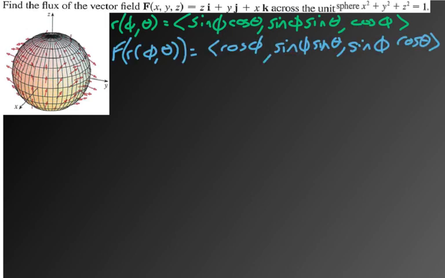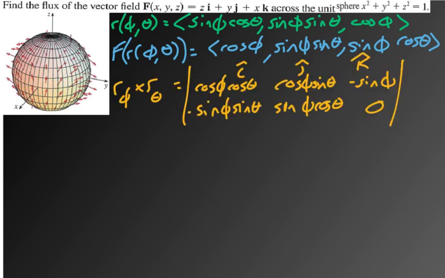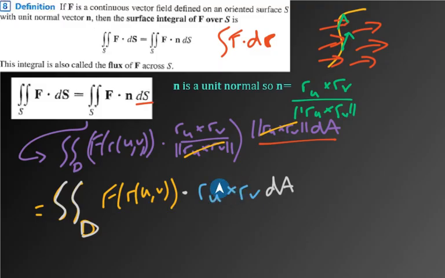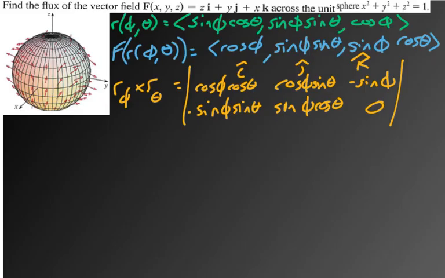Then you would have to parameterize F. So I'm putting this in for z, y is y, and then in the k component I put x. So we also need this cross product with respect to my two parameters. You have to take r with respect to phi and then r with respect to theta. Then you go and cross them.